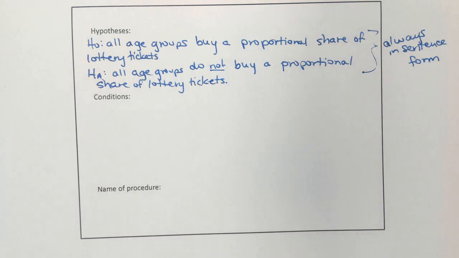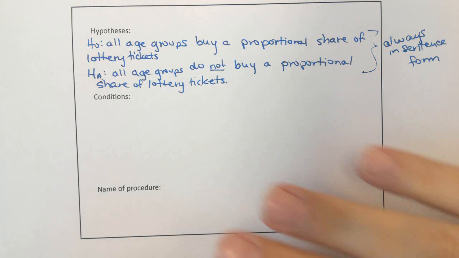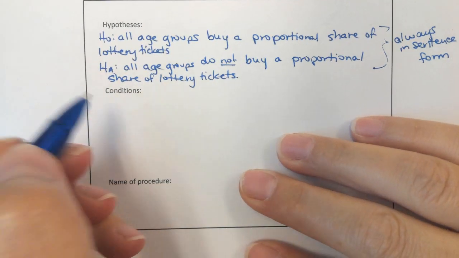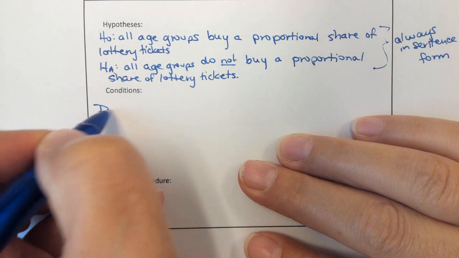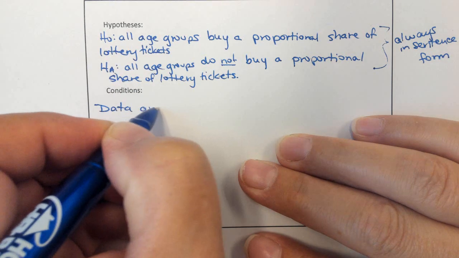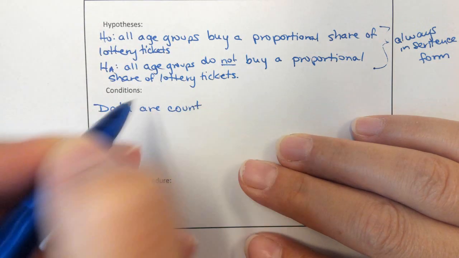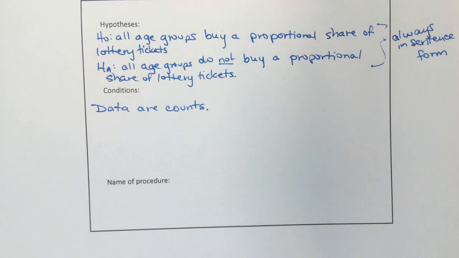Okay, now conditions. Totally different than the conditions we had for z-tests and t-tests. So there are 3. And let's just go ahead and throw those in. The very first one is that your data have to be counts. So this is where things get kind of weird. In 1 proportion and 2 proportion z-tests, we use percentages of the whole.